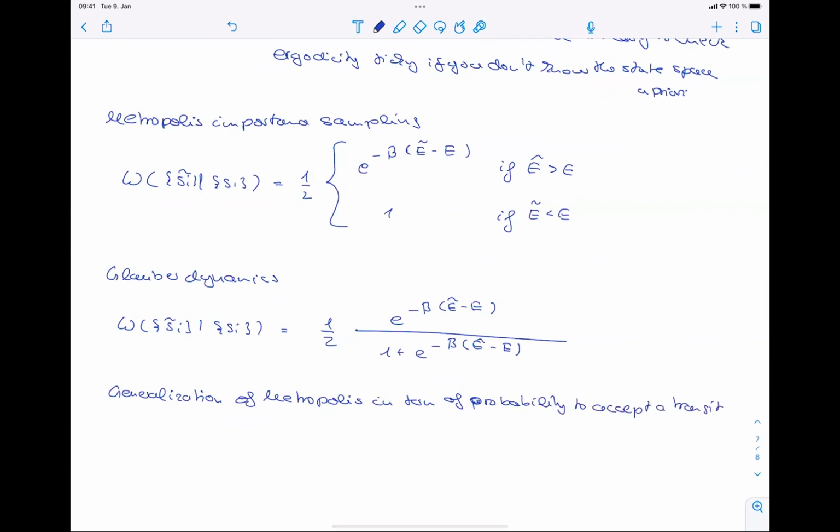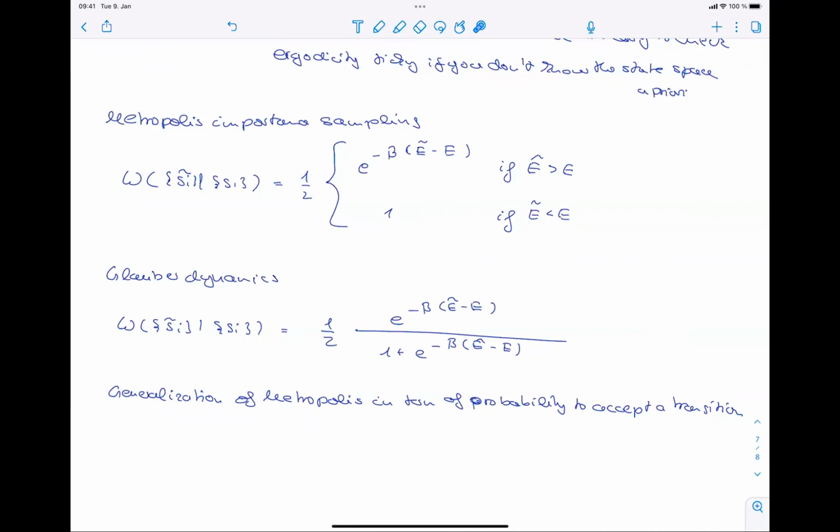So the idea is I have a state, I do something to my polymer, wiggling it around, and I have a new state that I can generate, and I accept this new state and move my system into this new state according to the Metropolis importance sampling. So if it's lower energy, I move.